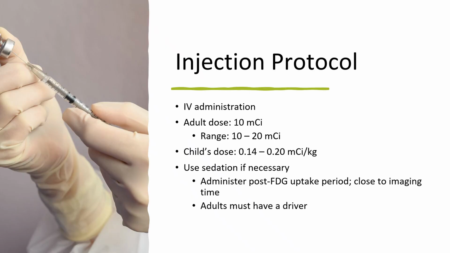FDG is administered via IV. The adult dose is about 10 millicuries. The typical range is 10 to 20. You will see that fluctuate a little bit too.